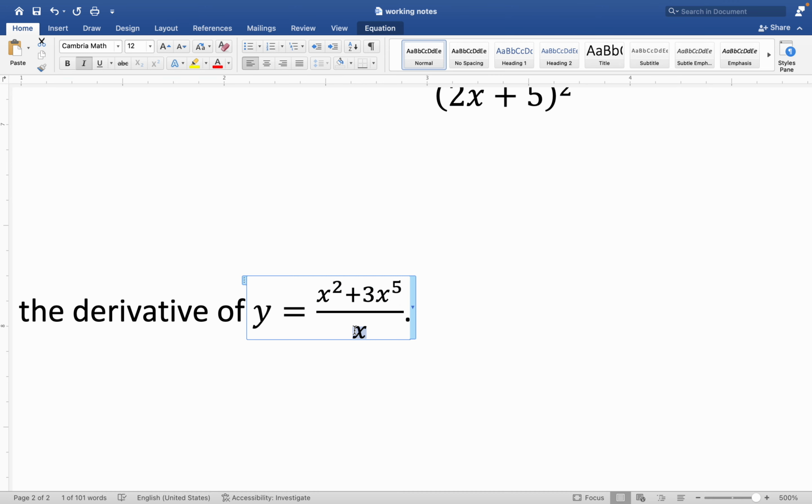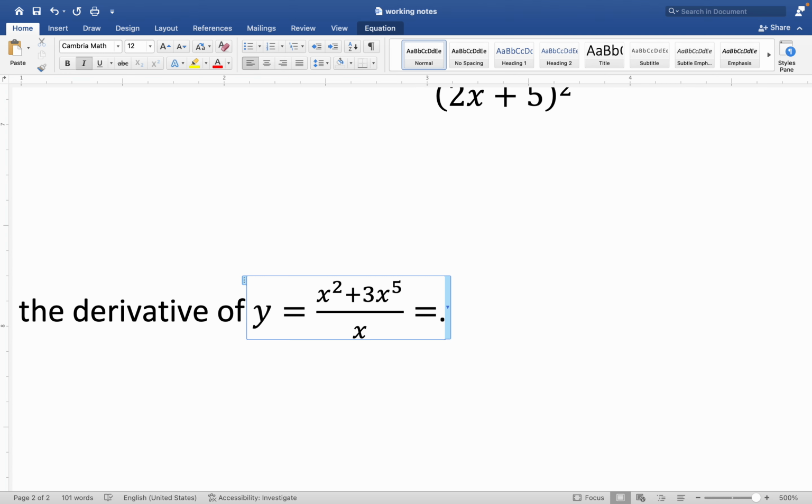You could. But if you think about it, this function can be rewritten. As a matter of fact, we already did a lot of derivatives just like this one in the last unit, right? We already know how to find the derivative of this guy. You just need to split the fraction.